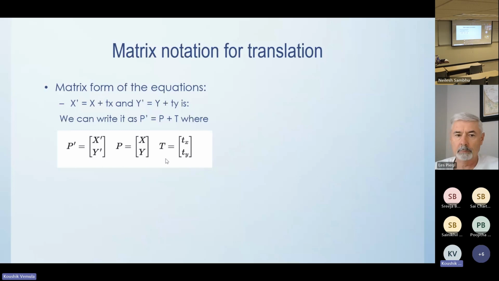The general equations are x dash equal to x plus tx and y dash equal to y plus ty. We can represent them in a matrix equation as P dash equal to P plus T, where P dash is the output matrix, P is the input matrix, and T is the translation matrix, as I've shown in the slide.